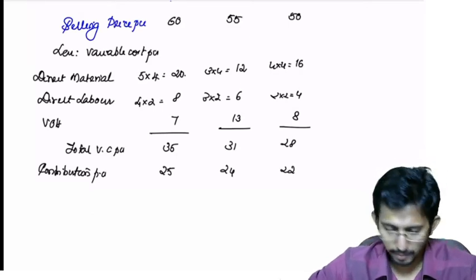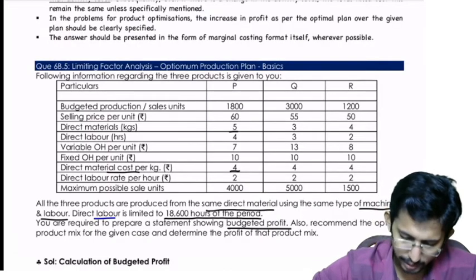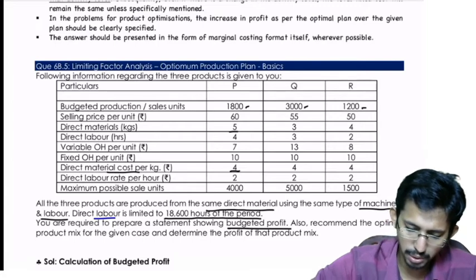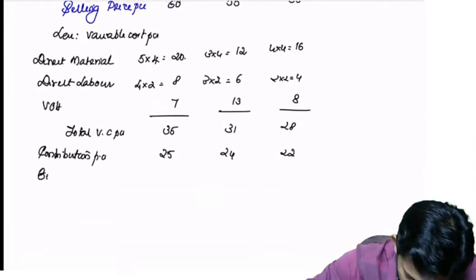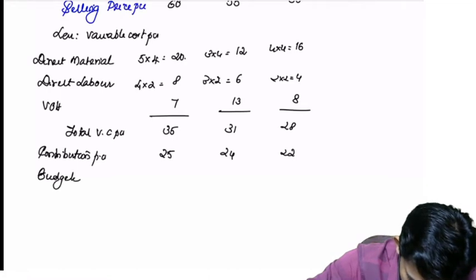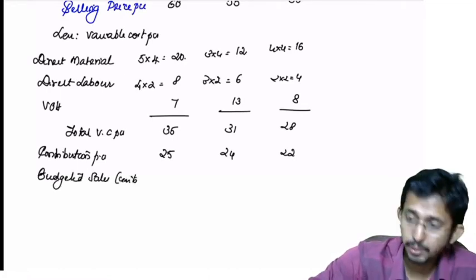Then budgeted units is available, right? What is the budgeted production and sale units that is available? 1800, 3000 and 1200. So budgeted sales in units.